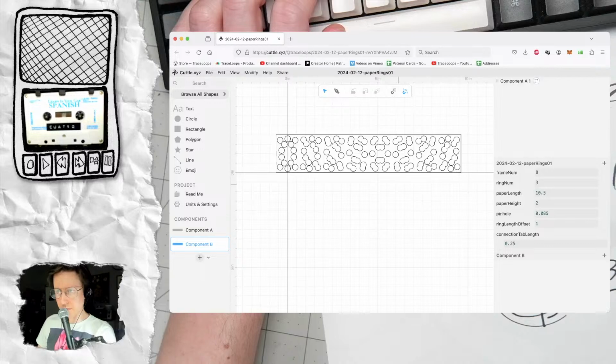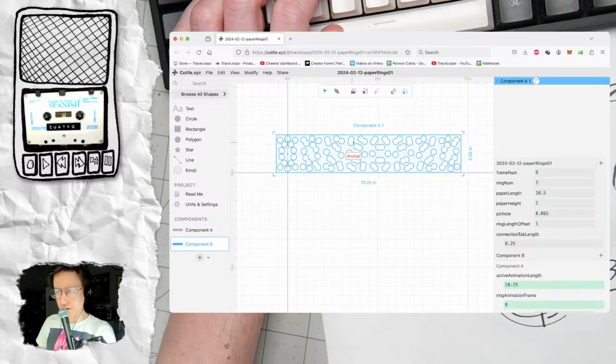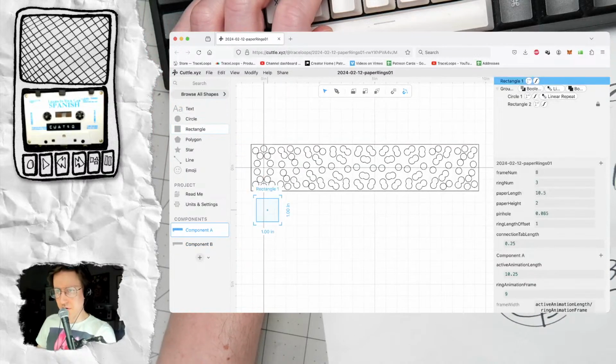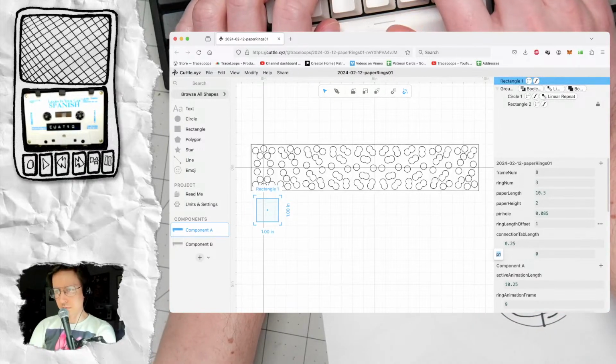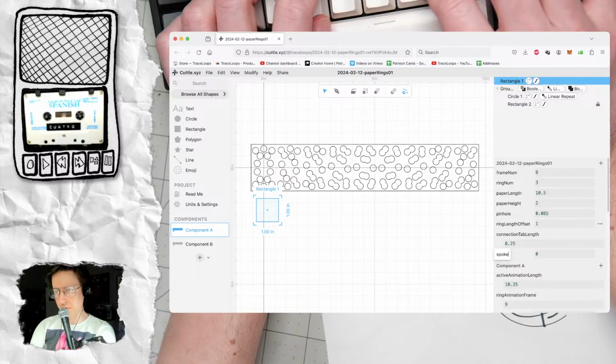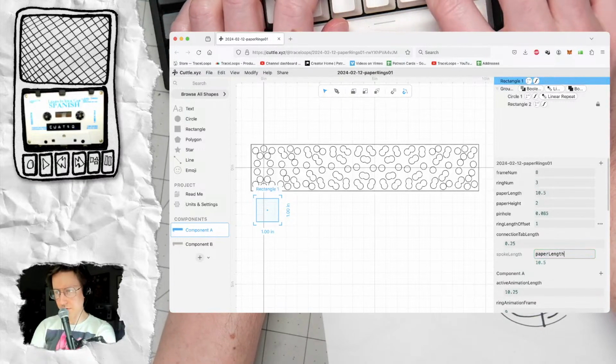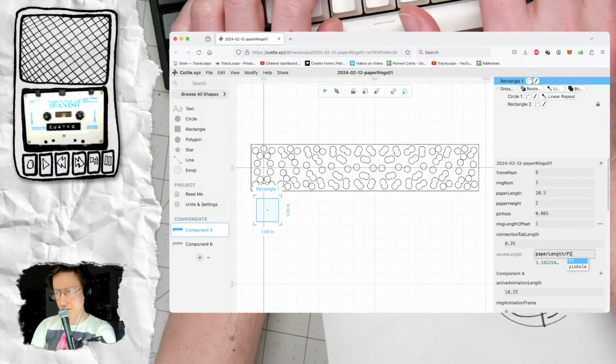And then come in here and let's add some tabs. Actually, let's come in here and add some tabs. Because this is going to be spoke length is paper length divided by pi divided by 2.